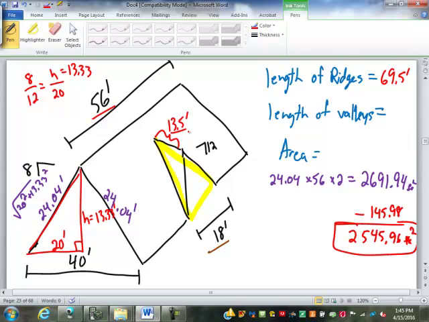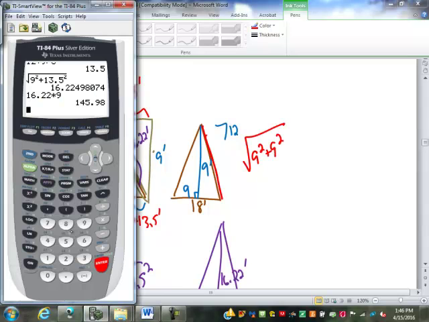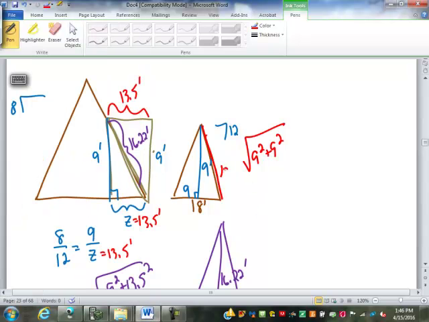So now what do we have to add back in? The two triangles for the dormer. I need to know this length now. That length, of course, will be the square root of 9 squared plus 9 squared, which is 12.73 feet.